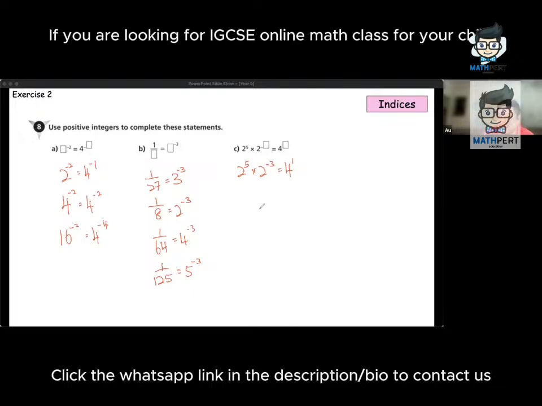Okay? You can also say that 2 to the power of 5 times 2 to the power of negative 1 is equal to 2 to the power of 4. 2 to the power of 4 means 4 squared. Okay? Or you can say 2 to the power of 5 times 2 to the power of negative 5, you get 4 to the power of 0.